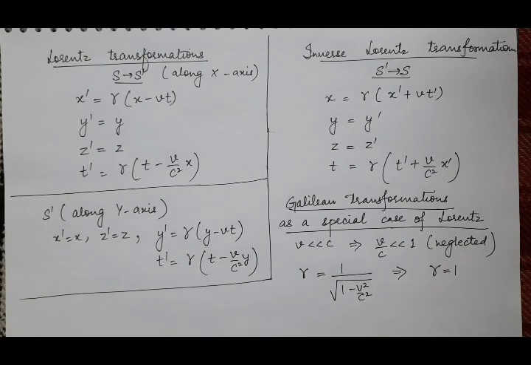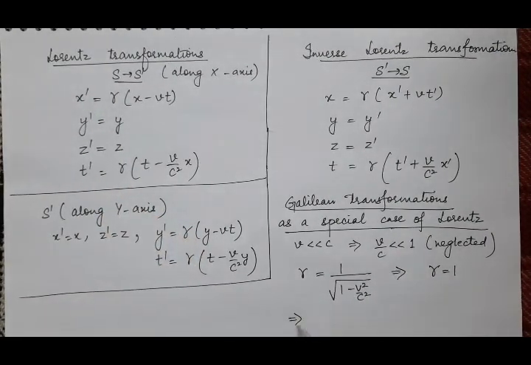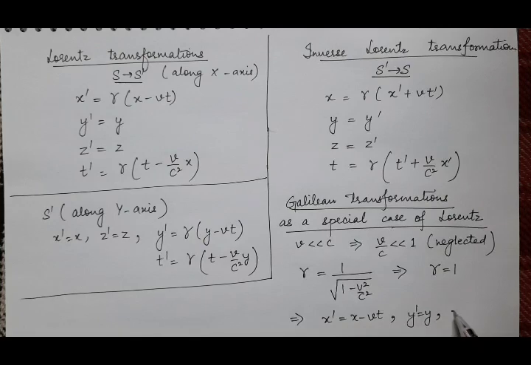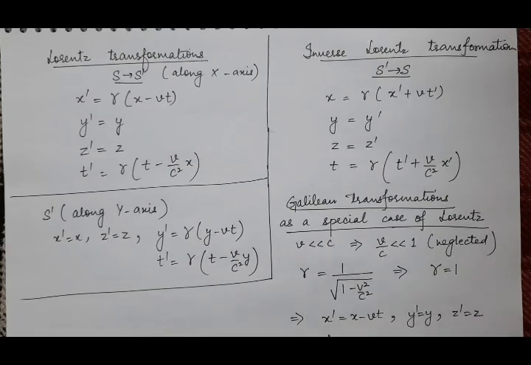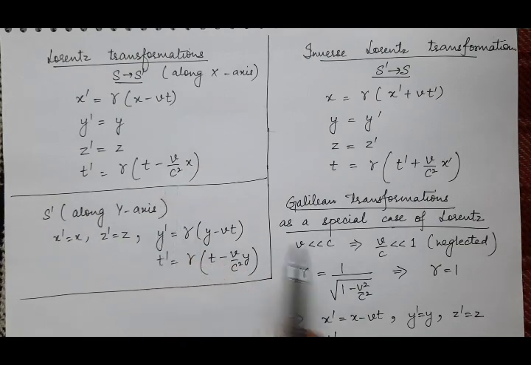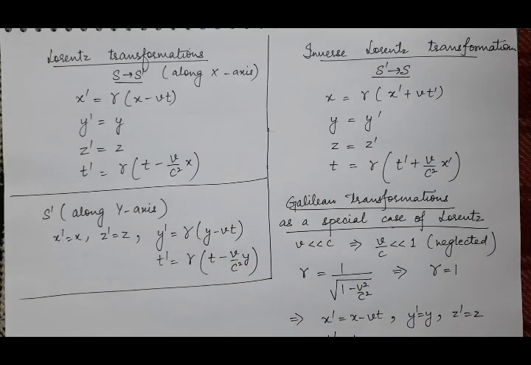In case of Galilean transformations, put gamma is equal to 1 here. What you will get? x dash is equal to x minus vt, y dash is equal to y, and z dash is equal to z. Then t dash is equal to gamma is 1, v by c is very small as compared to 1 so that it can be neglected, so it is equal to t.